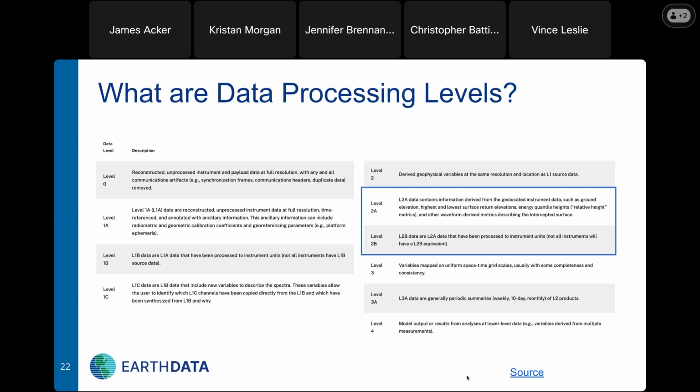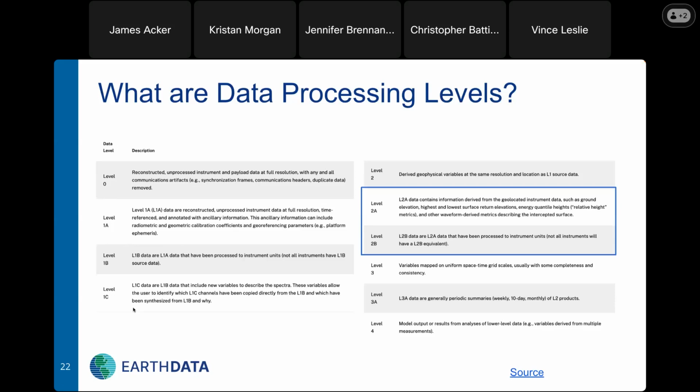So you see on the left, we have starting with level 0, which is basically just the unprocessed raw data coming down from the satellite. And then once it gets into level 1, and you can see that split into A, B, and C, that's where we start to basically attach time variables, latitude and longitude variables, and that's also where we start to write units and attributes to the actual files.